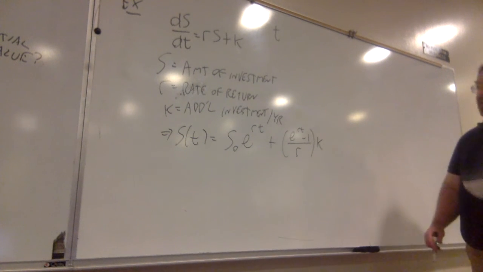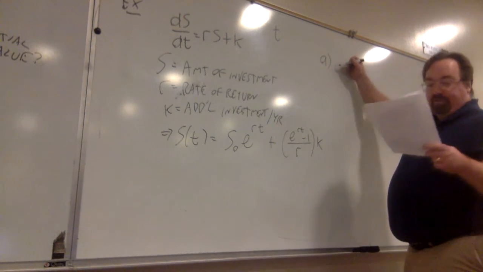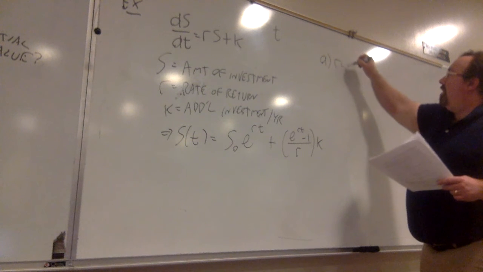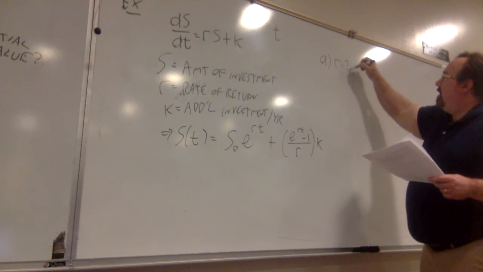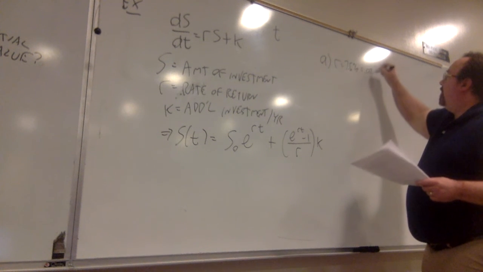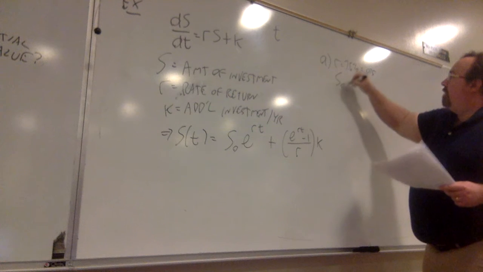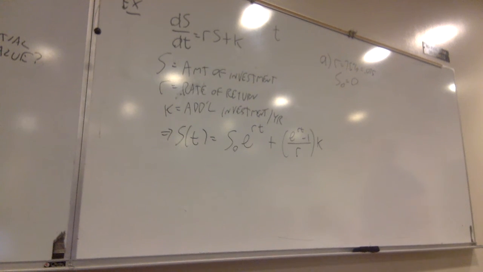So now, for our first scenario, I'm going to assume that R is 7.5%, 0.075. And I'm going to assume that the initial investment is 0.